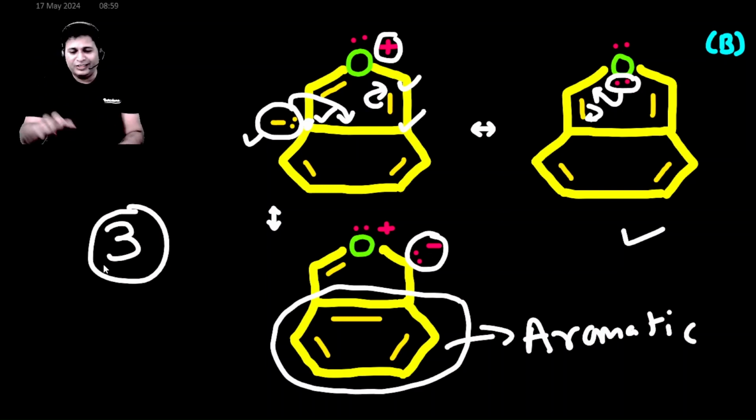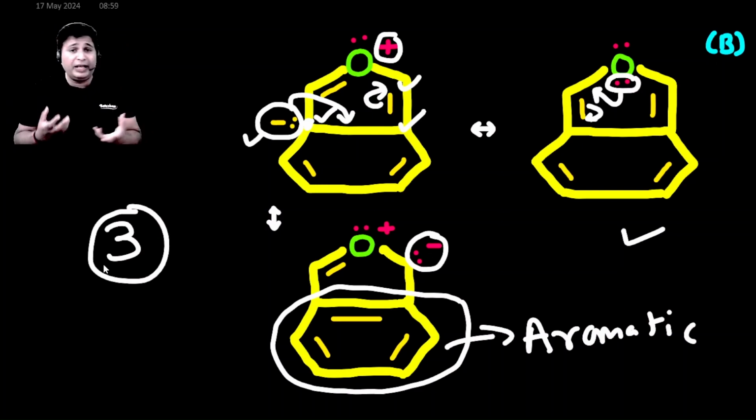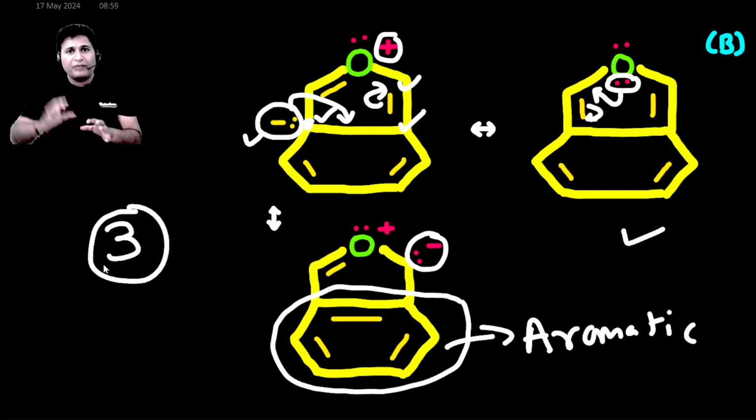So this was a beautiful problem, and I hope you have understood this problem, and you have got the idea behind what I am trying to say, how the aromatic character can be reflected in part of a compound. You don't have to take everything into account. Still you have a part of the compound which will reflect the aromatic character. Like this you have to do.